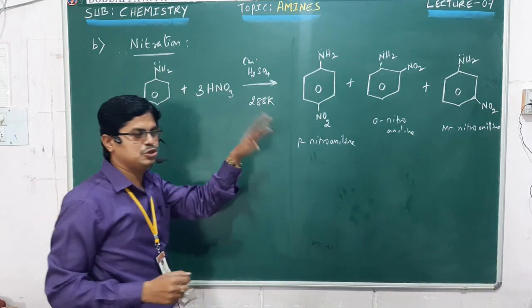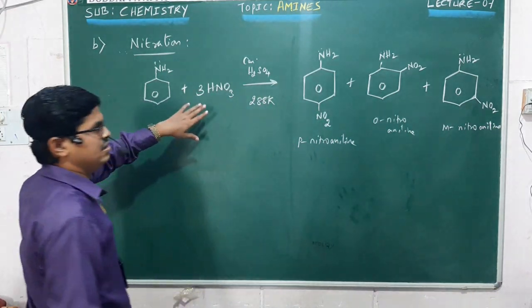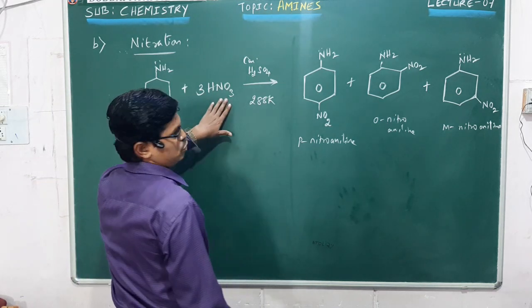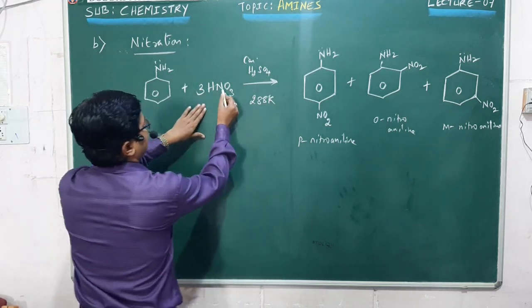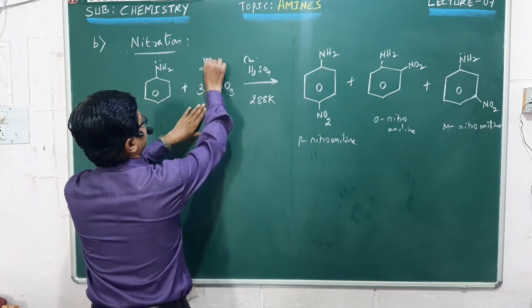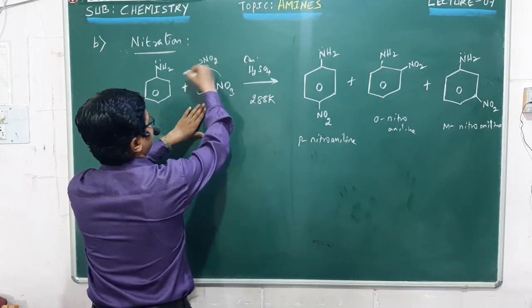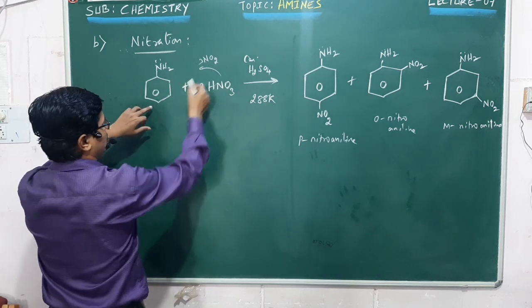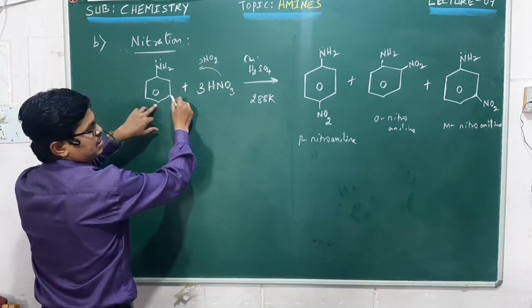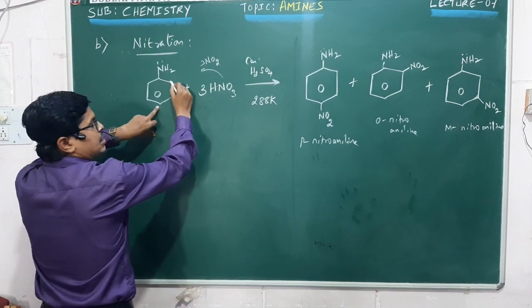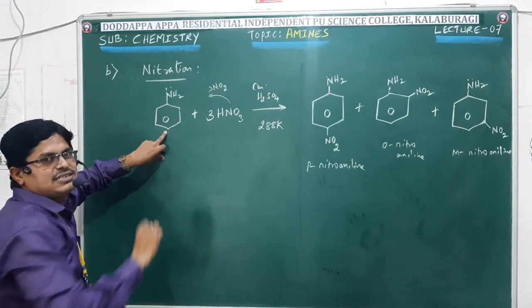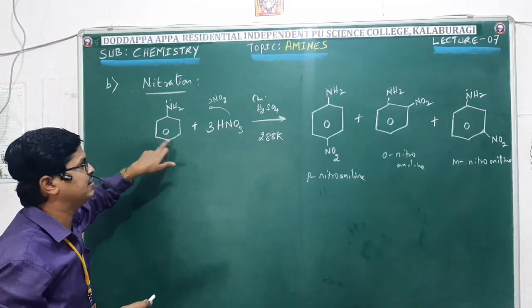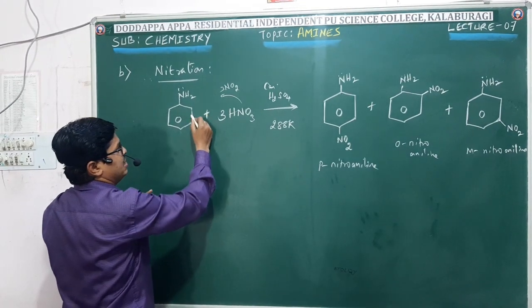Means we are getting a mixture. So balance the equation here, that is 3HNO3. From 3 HNO3, 3 NO2 groups have been added: one NO2 group here, another NO2 group here, another one here. Then, as we know, C6H5 is the formula for aniline, so here already hydrogen atoms are there.